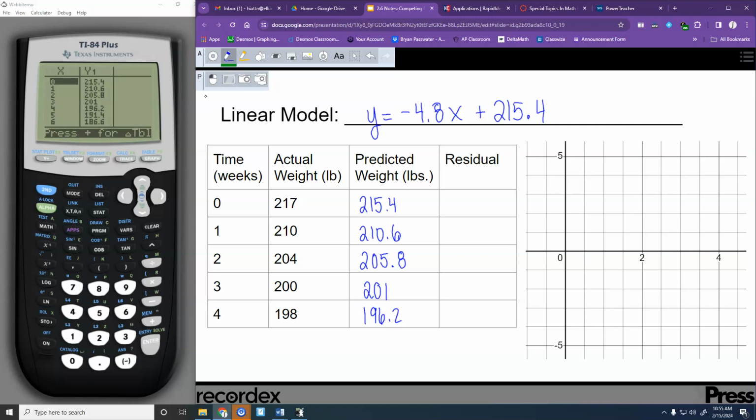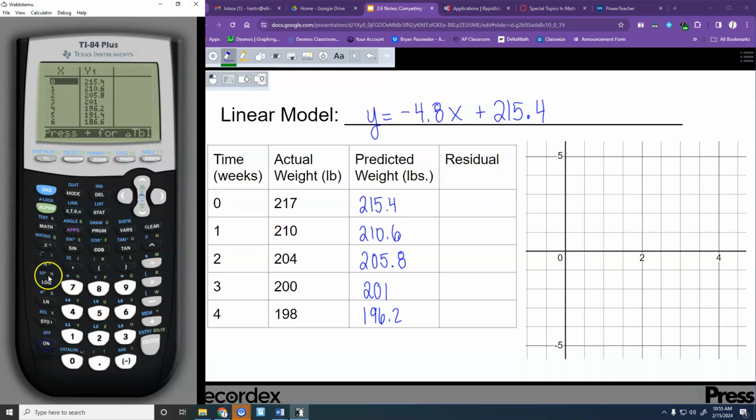Okay, everybody okay here? All right, now, how do we find the residual? Subtract, right? So we got 217 minus 215.4, so it's 1.6.